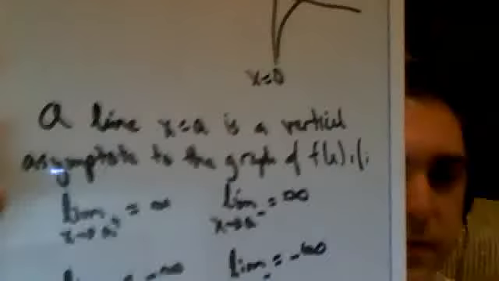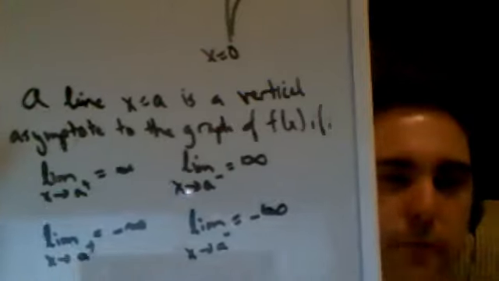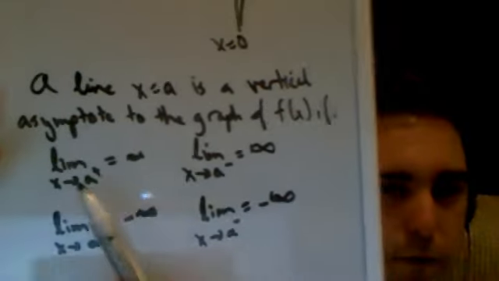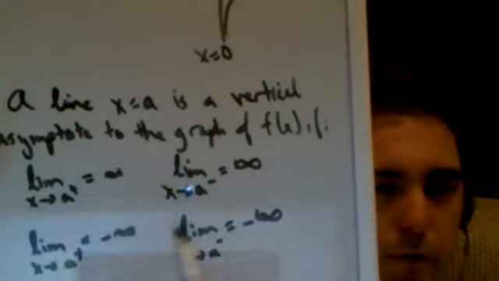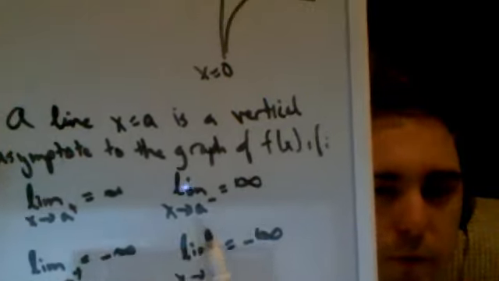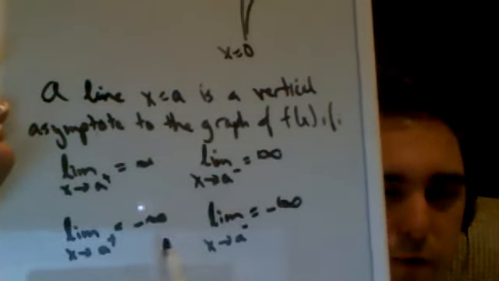Right, so we say that a line x equals a is a vertical asymptote to the graph of f of x if we have one of these four possibilities. We can have the limit as x approaches a from the right equals infinity. We can have the limit as x approaches a from the left equals infinity. We can have the limit as x approaches a from the right is negative infinity.